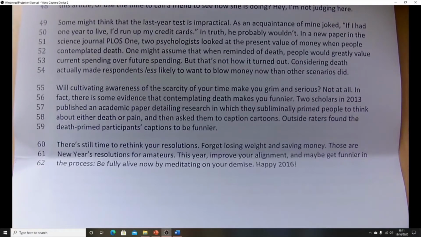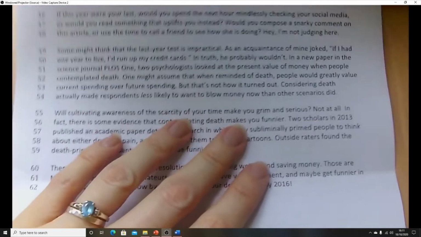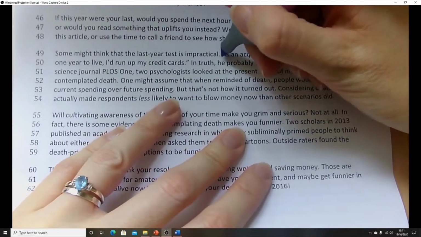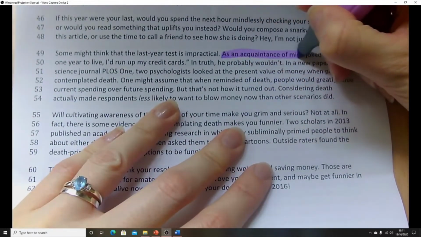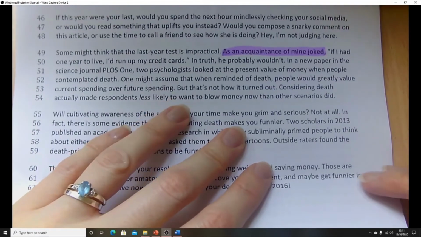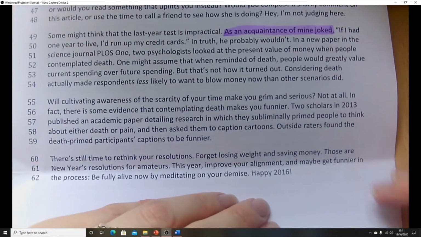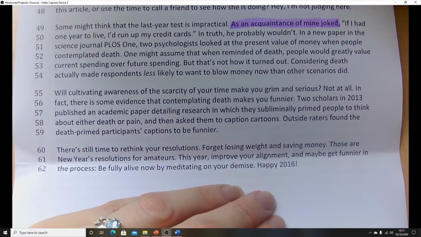Some think that the last year test is impractical, as an acquaintance of mine joked. So again, this is information that's second-hand. He's gaining this experience through somebody else. "If I had 1 year to live, I'd run up my credit cards." In truth, you probably wouldn't.